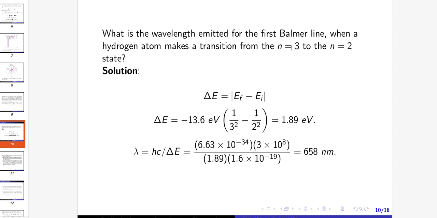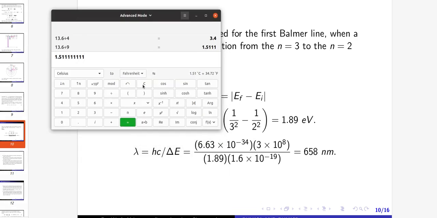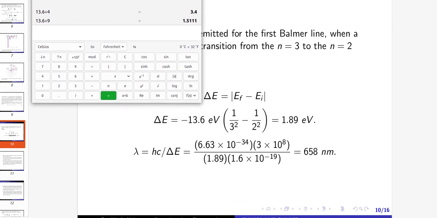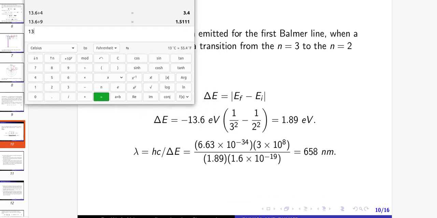So the initial n is 3 squared, that is 9. Then the final n is 2 squared, that is 4. So let's take out our calculator to evaluate this: 13.6 minus 13.6 multiplied by 1 over 9, then minus 1 over 4.